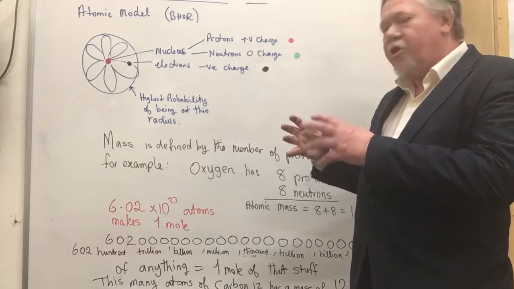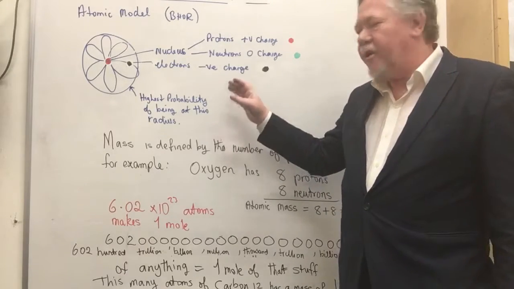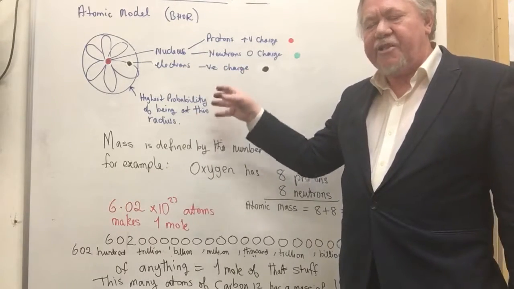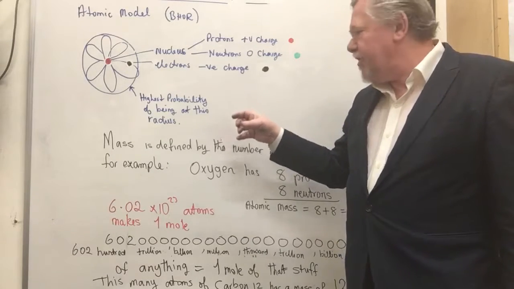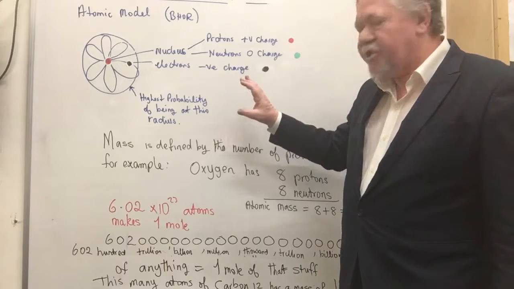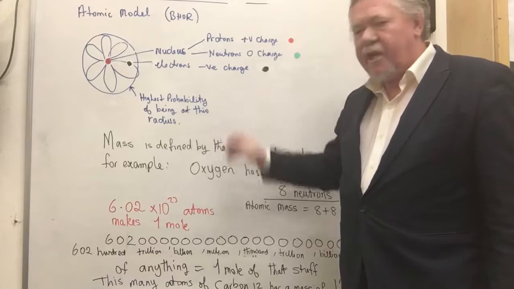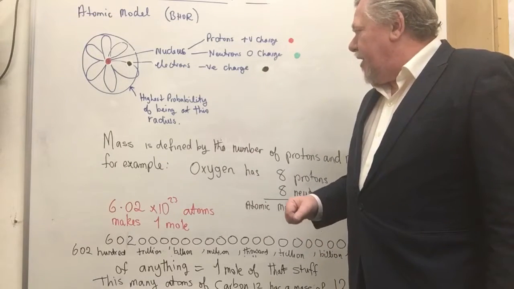Space is occupied by electrons, and the highest probability is that an electron will be in a given radius around a nucleus.